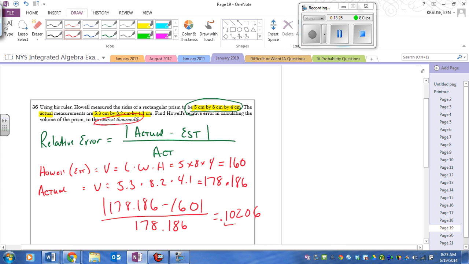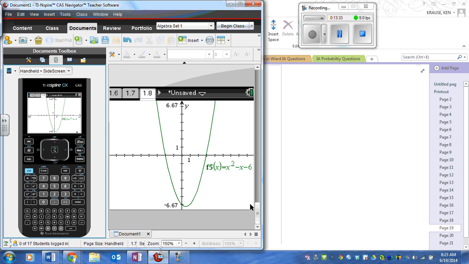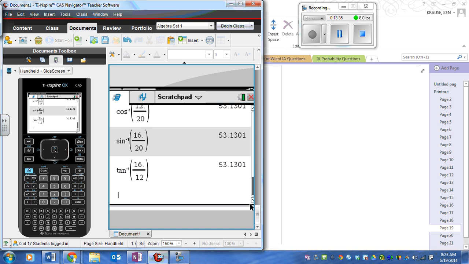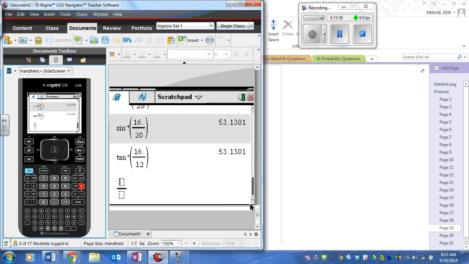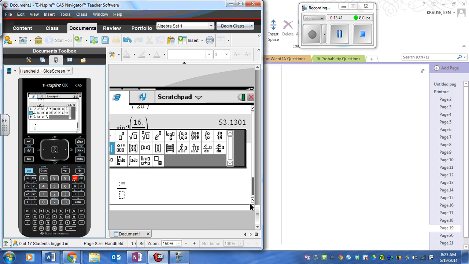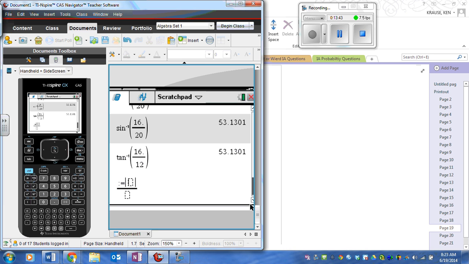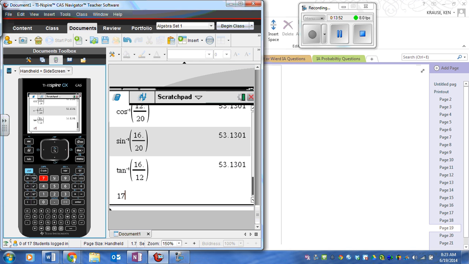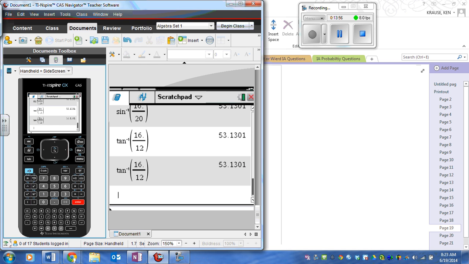That's 4 decimal places. So the answer is equal to 0.1021. But I can type it on. I should have typed it up here just to remind you guys how to do this. I'll do control division, and then I'll do the absolute values. So it was 170. Control division.